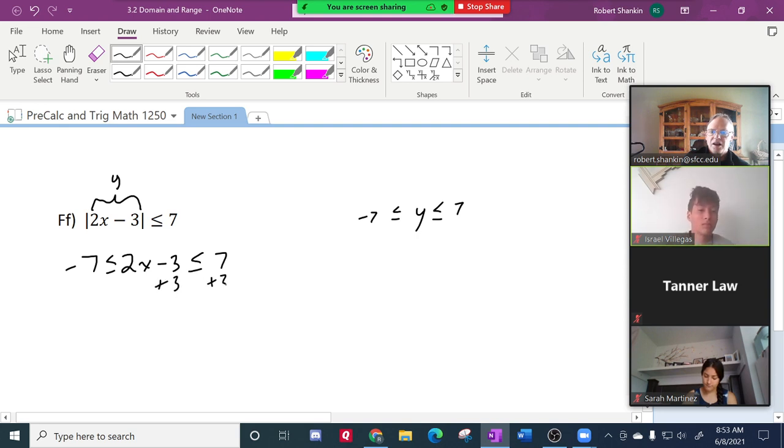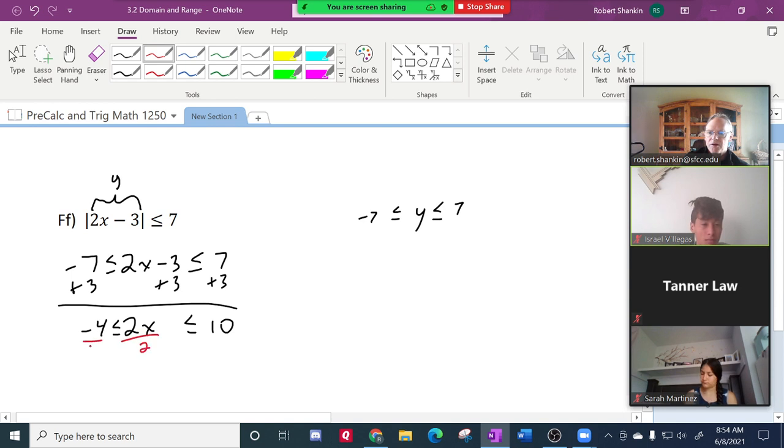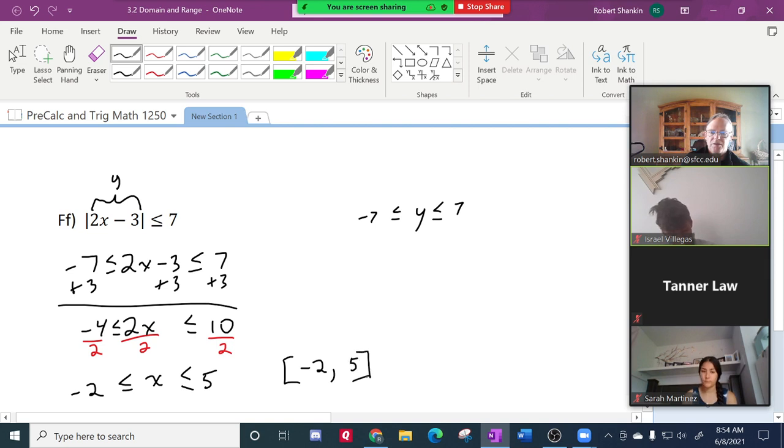And then I'm going to divide by 2, do all three sides. Now if this was dividing by -2, I'd have to switch both inequalities. And then get this answer, and that's the same as the interval from -2 to 5 in brackets.